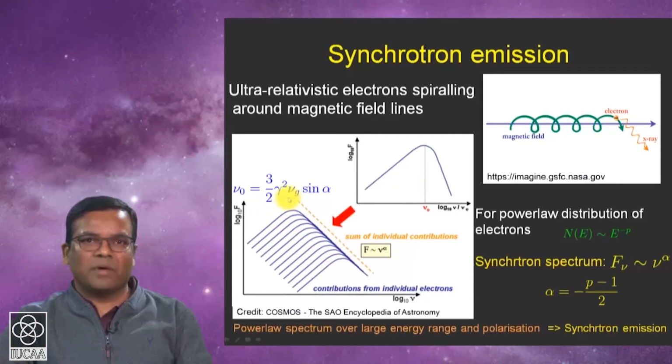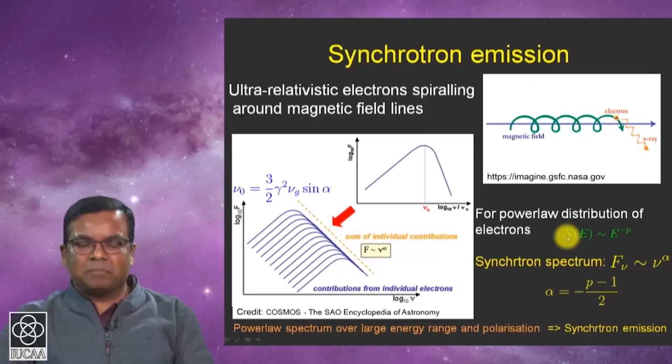And if you sum over all these single electron spectra, what you will get is a power law spectrum over a broad energy band. This is the characteristic of synchrotron radiation. In addition, synchrotron radiation is also polarized. So, if you are observing a broad band spectrum and significant polarization, then we are almost sure that the radiation must be synchrotron radiation.